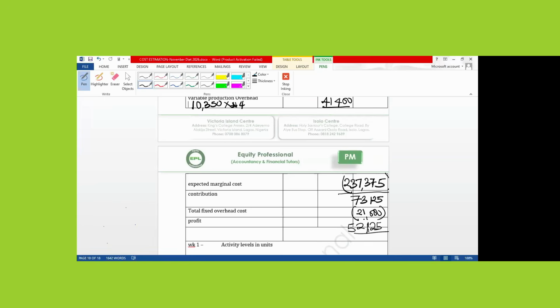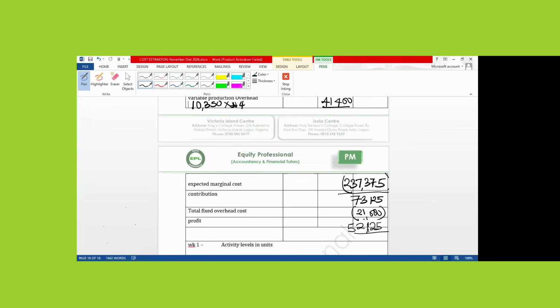When you are talking of budgets, you are going to estimate cost. When we get to the next topic, price theory, you are going to require knowledge of cost estimation to determine the price of a product.